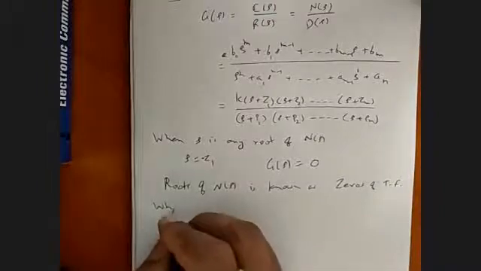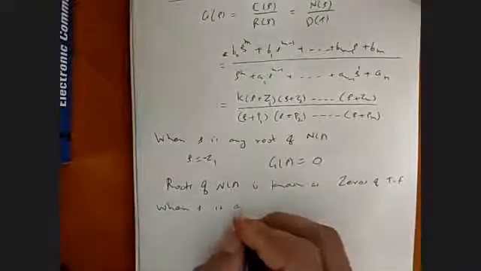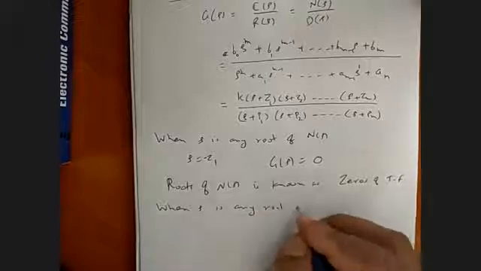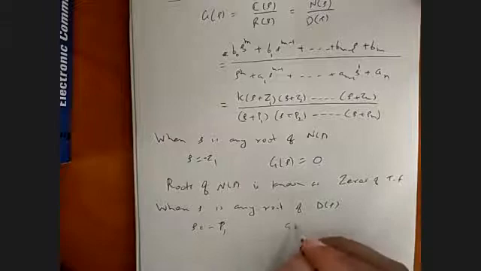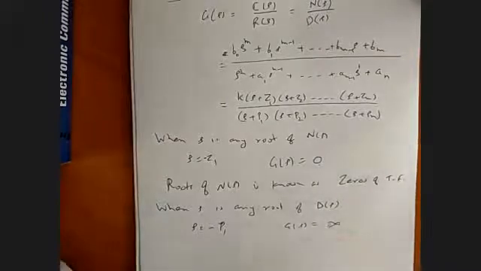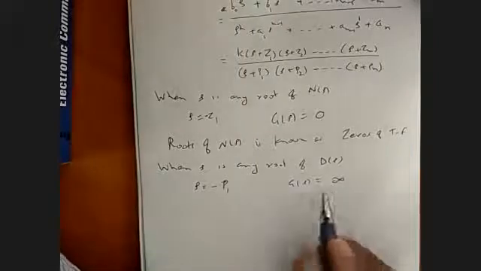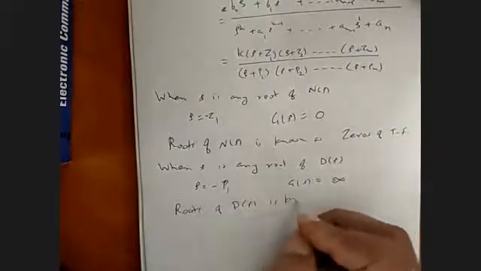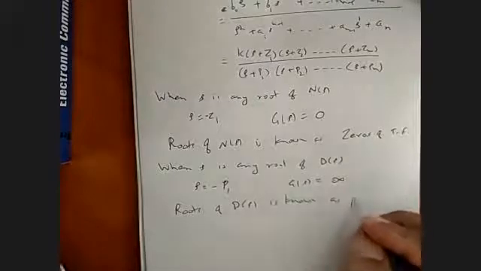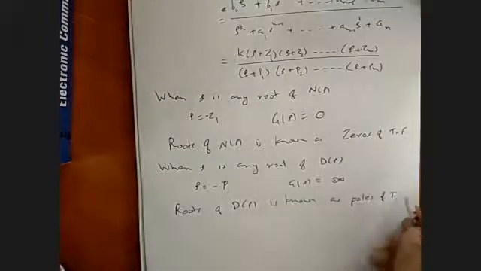And when s is any root of D(s), that means s equal to minus p1, then your G(s) will become infinity. So all the roots of D(s) is known as poles of transfer function.